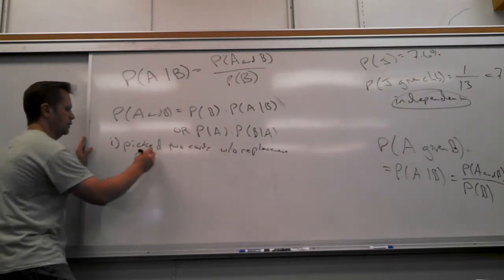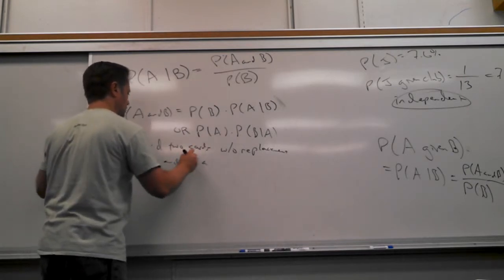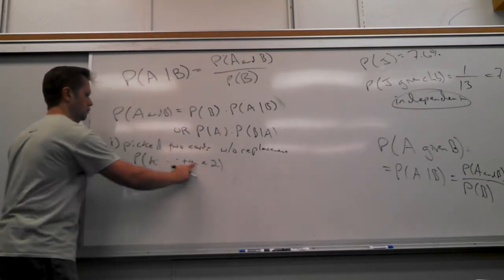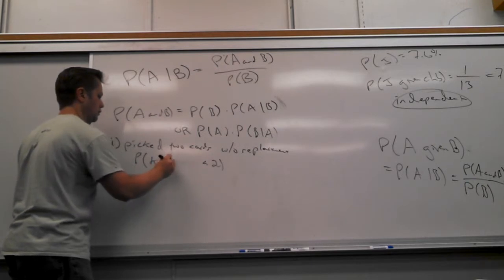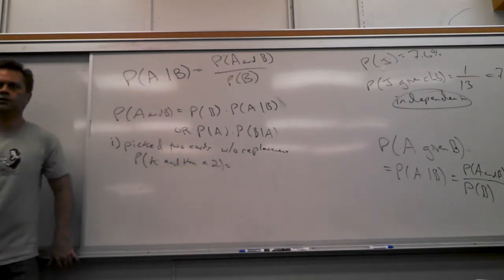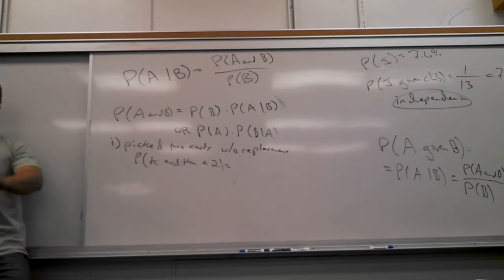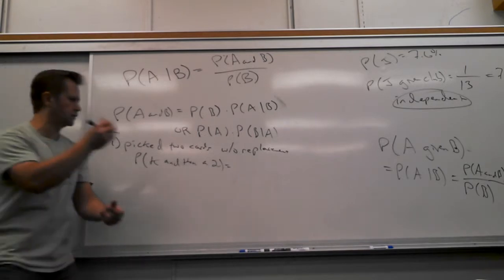Most probably I picked king and then 2. Bless you. Good. So the first card, the probability of getting a king would be 4 out of 52 because nothing's happened yet on the first card. I've got all the cards in the deck, so it's just a 4 out of 52 chance.